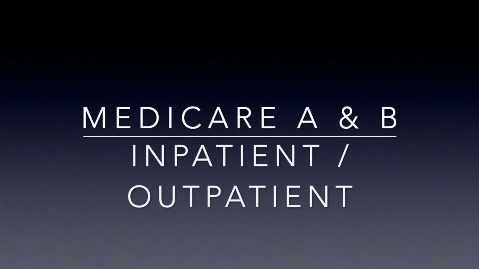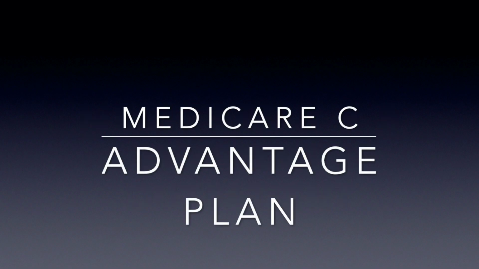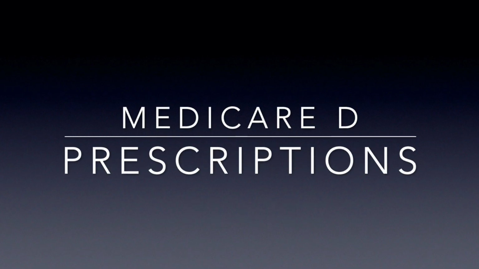Now, keep in mind, when it comes to Medicare, there are multiple parts that you have to deal with, but there are 4 major parts that most personal injury type cases involve, which is Medicare Parts A and B, which covers in-hospitalization and outpatient hospitalization, Medicare Part C, which is usually known as the Medicare Advantage Plan, and Medicare Part D, which is the prescription drug coverage.